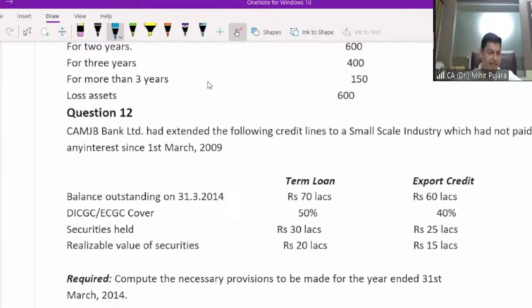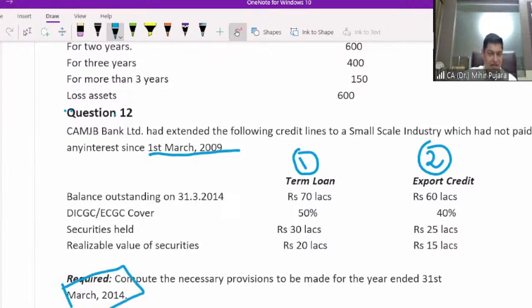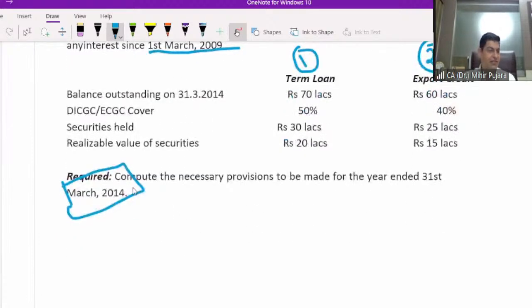So they have not paid anything from 1st March 2009. And we have to decide on 31st March 14.